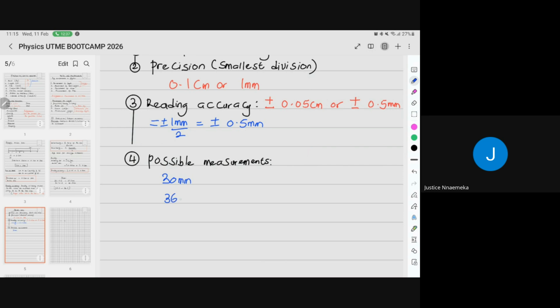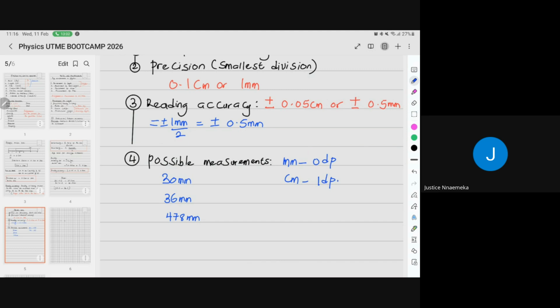You could have 36 millimeter. You could have 478 millimeter. So what do I mean by these possible values? Remember that in terms of millimeter, it's going to be 0 decimal place. In terms of centimeter, it's going to be 1 decimal place.